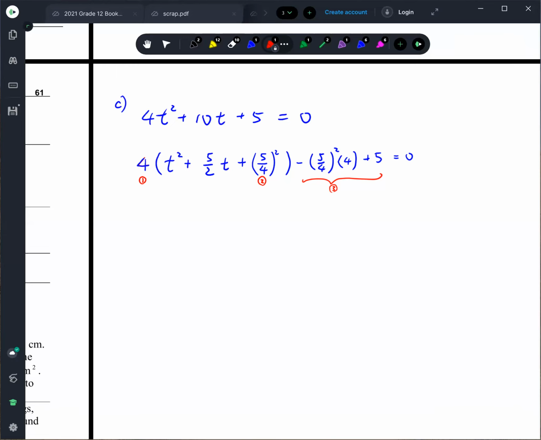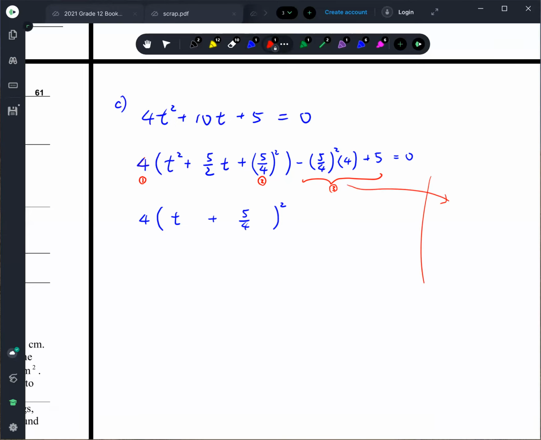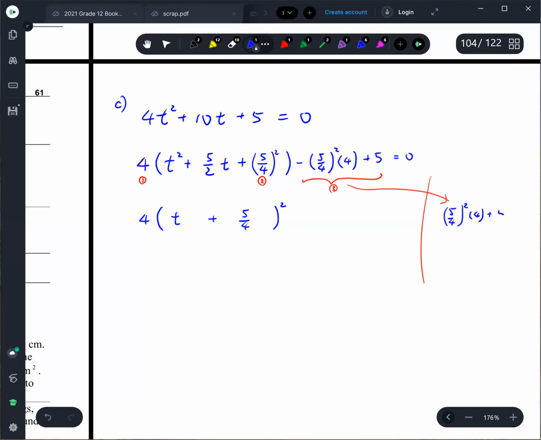Okay, so this part is fine. Then we have 4 and then t plus 5 over 4. We complete the square. For step 3, you can do that on the side to simplify it. So 5 over 4 squared times 4 plus 5. It should be negative at the front, don't forget.